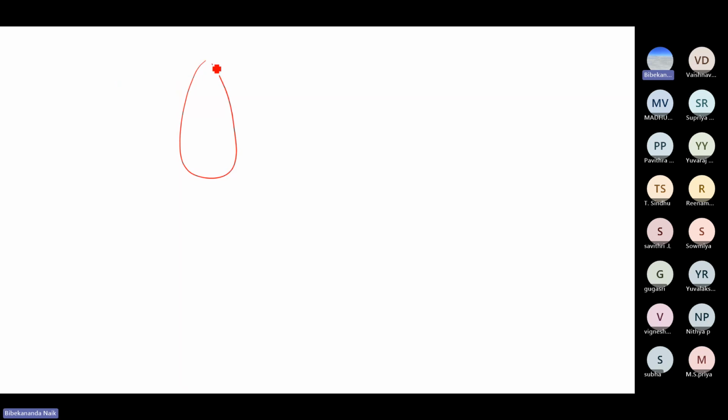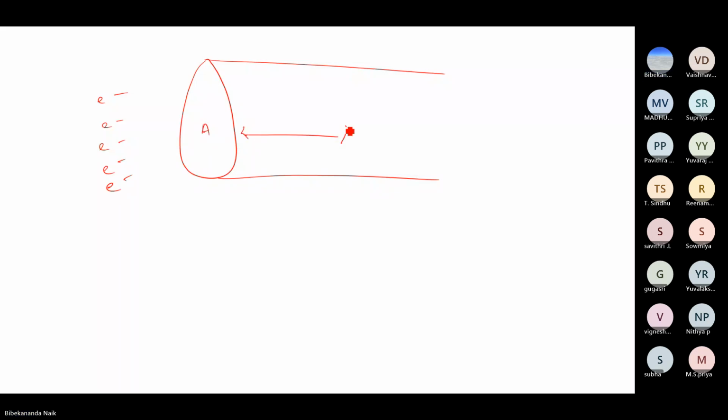Suppose this is a cross-sectional area and electrons are flowing. So electrons are flowing over a cross-sectional area of A and through a length L. So if you talk about resistance, R is equal to rho L by A.